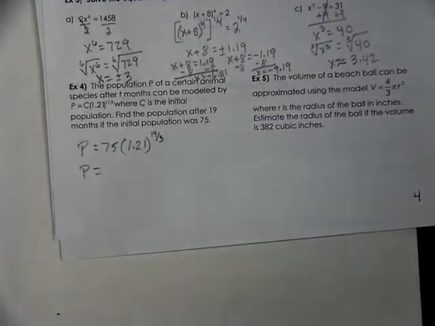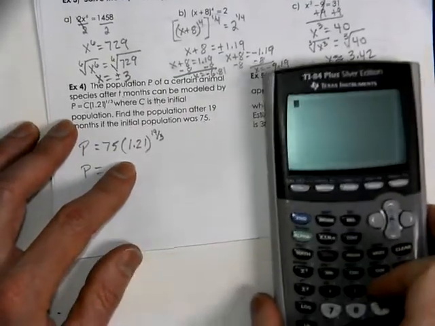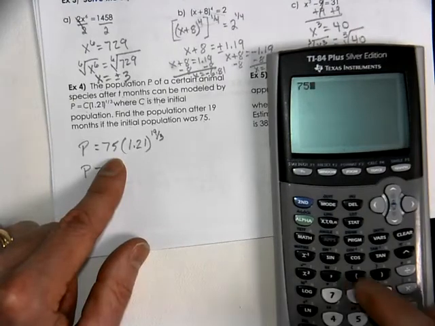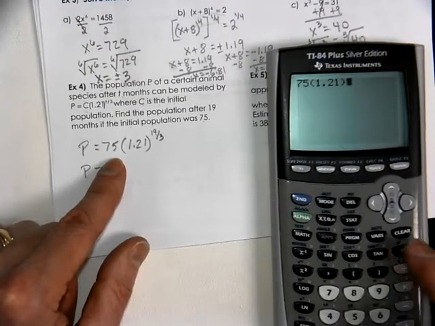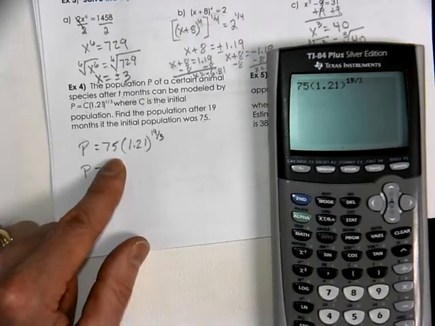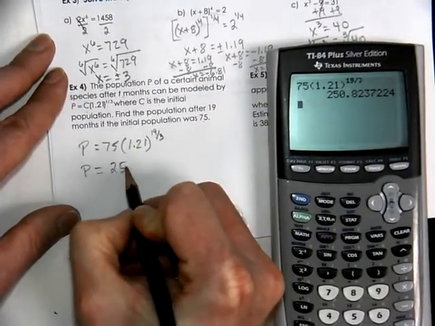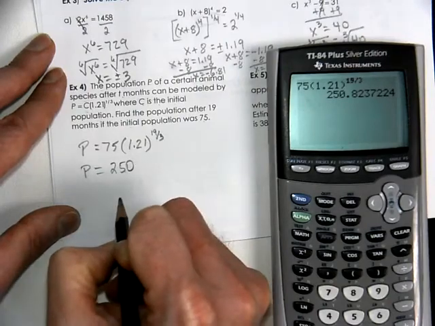So we could go to our calculator. Those are not numbers you would want to do by hand. These are not numbers that are on our power table. And we're going to raise that to the power of 19 divided by 3. That's going to be 250 of these animals.